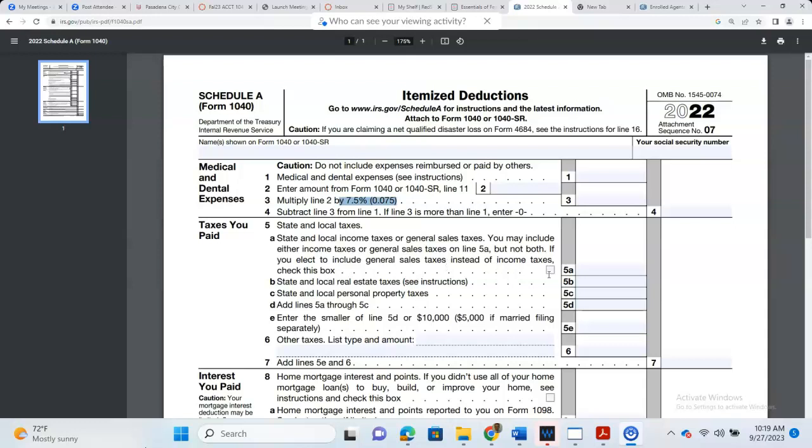So there is a box in the software that if you check it, you force it to use general sales tax. If not, then if you paid a lot of income taxes, maybe income taxes are better. General sales tax has a specific calculation. The software will do it for you based on a specific table. It's an amount, but if local income taxes are higher, then you will probably use that. So you have to choose.